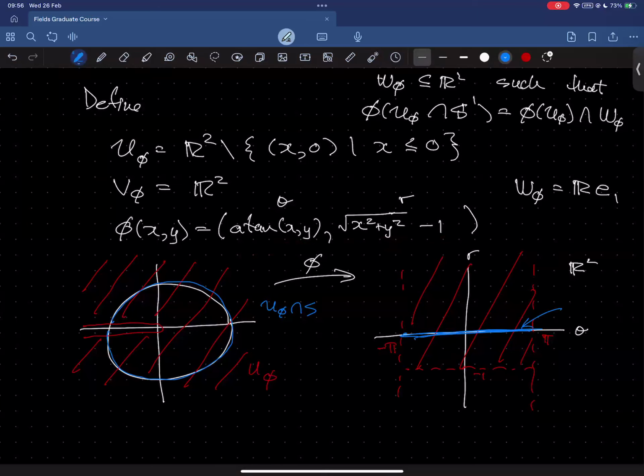So that is phi of u phi intersect S, but that's also equal, and this is the submanifold condition, to phi of u phi intersect W phi. The fact that that's an equality is the verification that this thing is a submanifold chart.